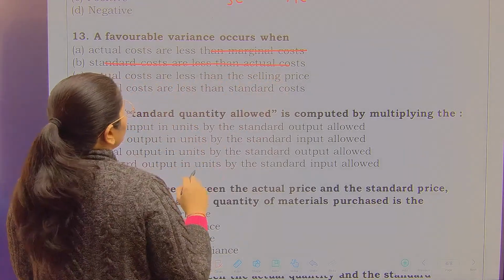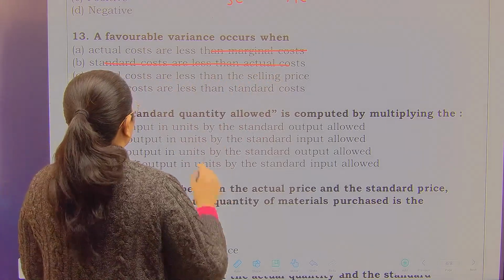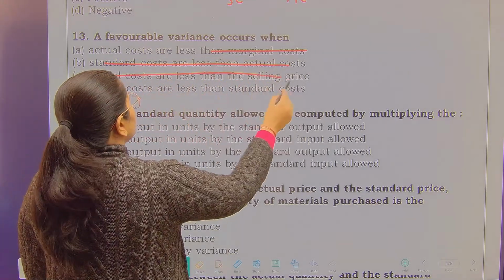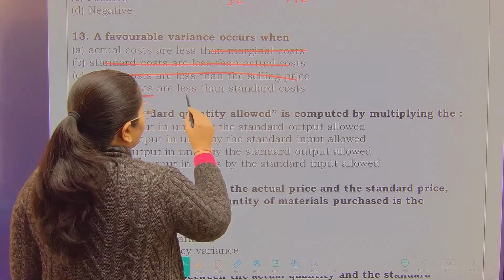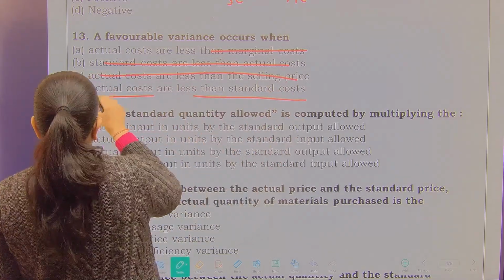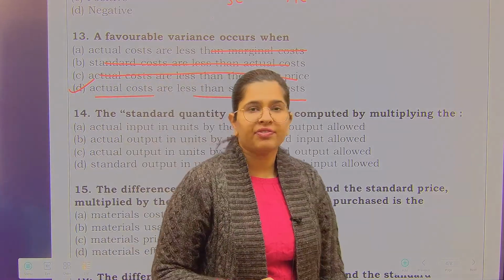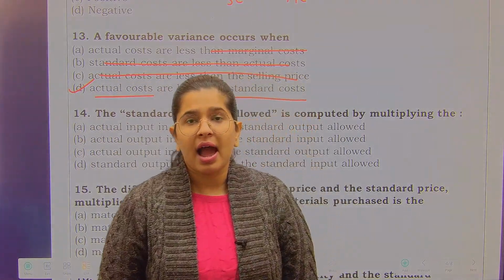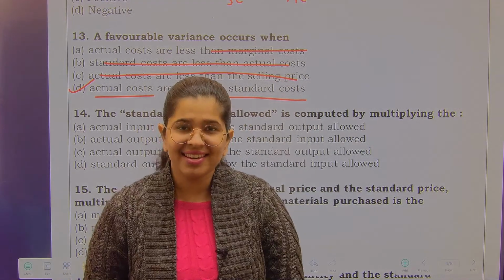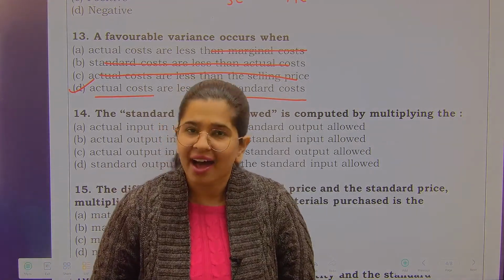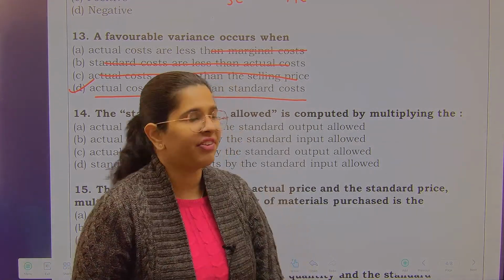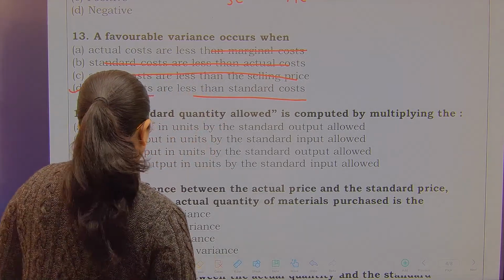Actual costs are less than the selling price. No. Actual costs are less than the standard cost. Yes, this is the right one. So what should be favorable for me? When I have incurred less than what my standards are, right? So this is the favorable thing for me. Moving on to the next question.